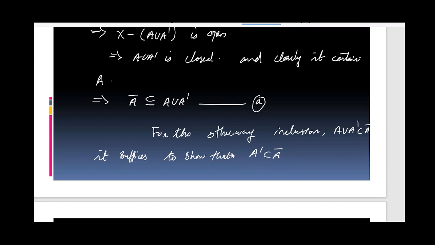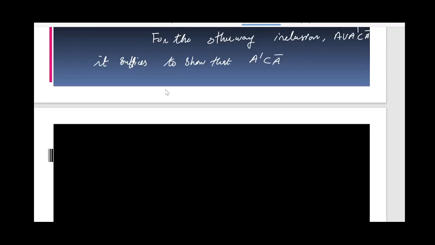What's the reason? Since A is contained in A closure, and the other set is A dash, once we prove that A dash is contained in A closure, then A union A dash also belongs to A closure.